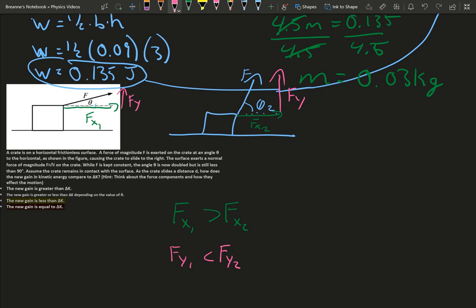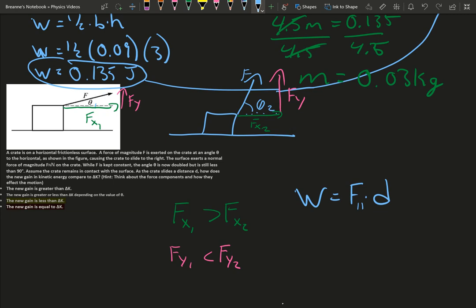So since you have less force in the x direction, and the x direction is what's making it move, if you're looking at your work, so work equaling your force times distance, this force, remember, has to be parallel to the motion.